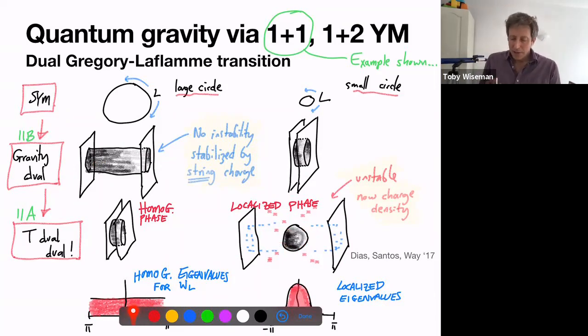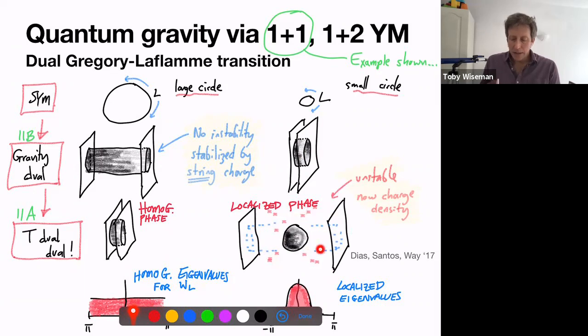Now, this tells you that as you vary the size of the circle in the dual gravity, there should be some phase transition. You don't see it in this D1 or the 2B picture, rather. I mean, it's still there, this instability, but you can't see it as a supergravity mode, an unstable supergravity mode. It should be a string winding round the circle being unstable. But that becomes something you can see in the supergravity after a T-duality.